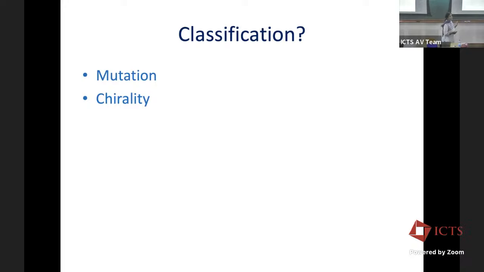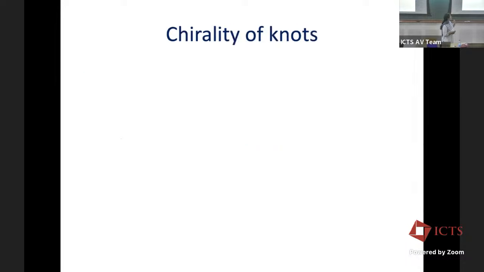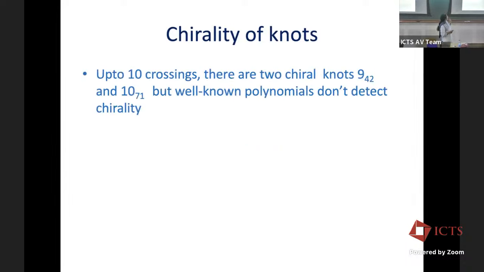So can the Chern-Simons invariant detect mutation and chirality? So, chirality, this is where the information for you comes. Up to 10 crossings, we find that when we went up to 8 crossings or so, spin 1 was better for chiral knots.